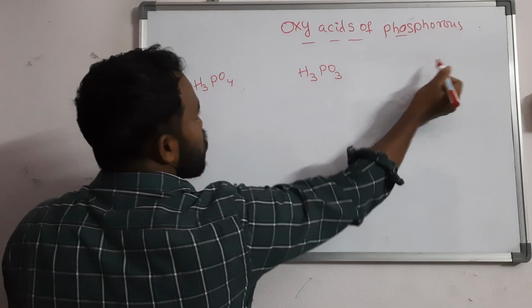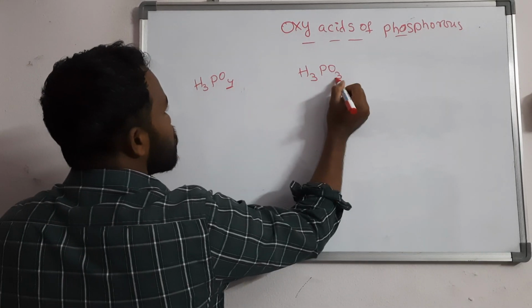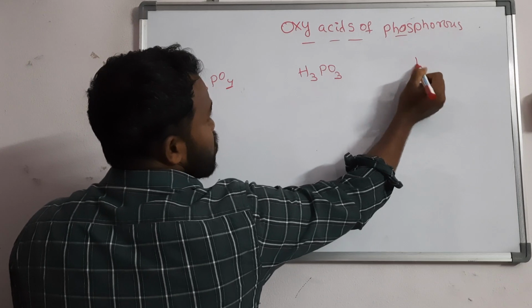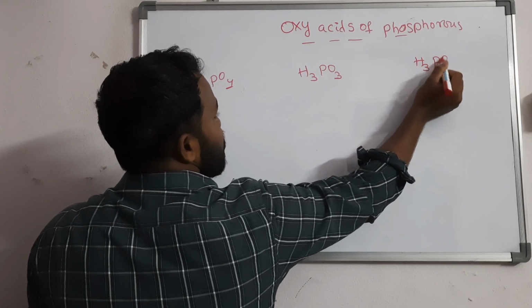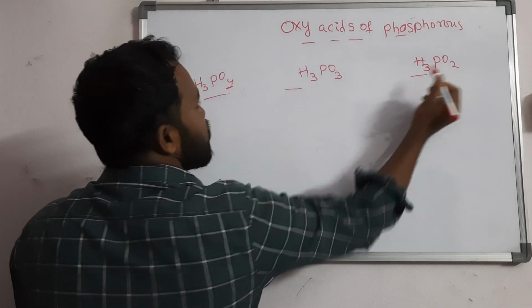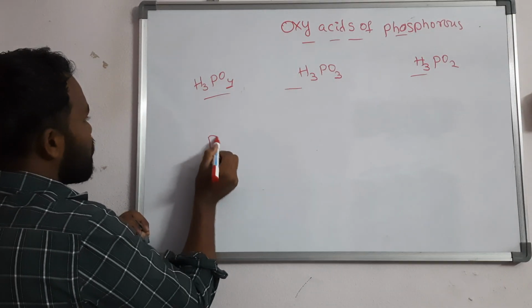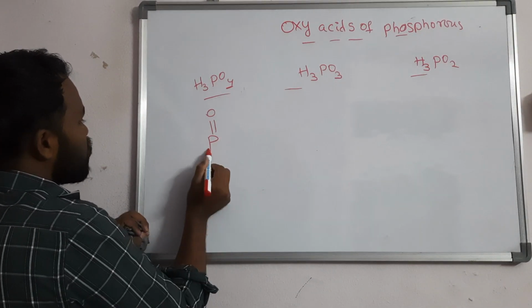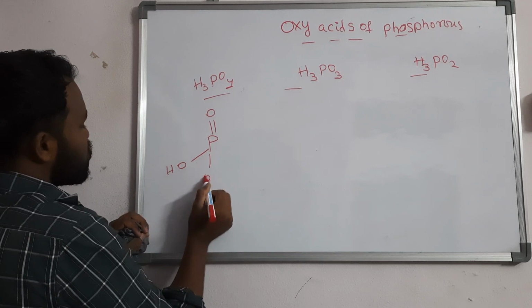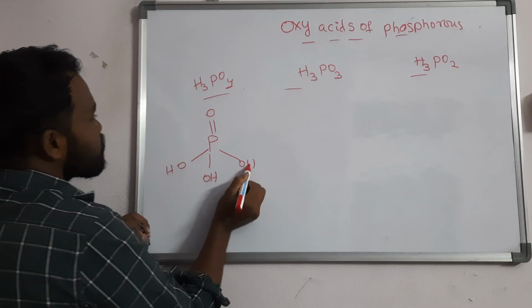If you remove one more oxygen, you get H3PO2. Already we know that, right? But I am going to write the actual structures. This is P double bond O, OH, OH, and here also OH.